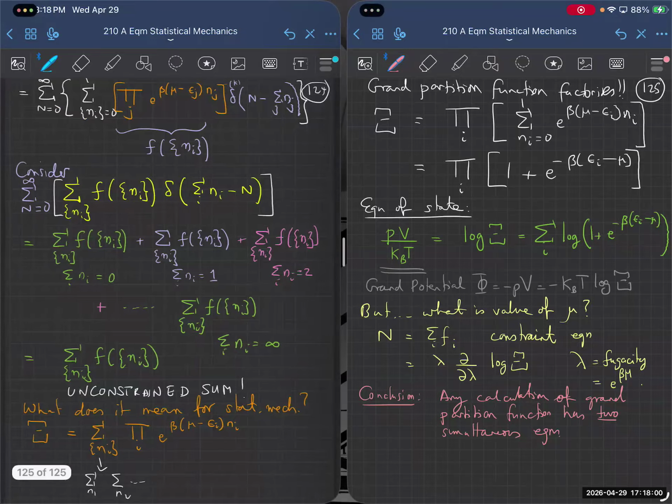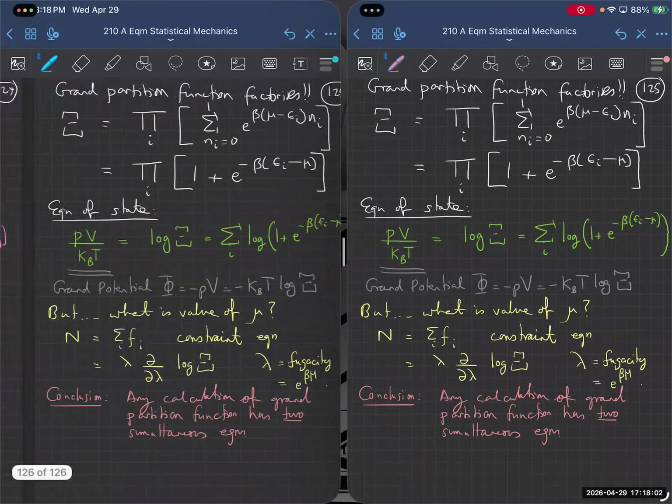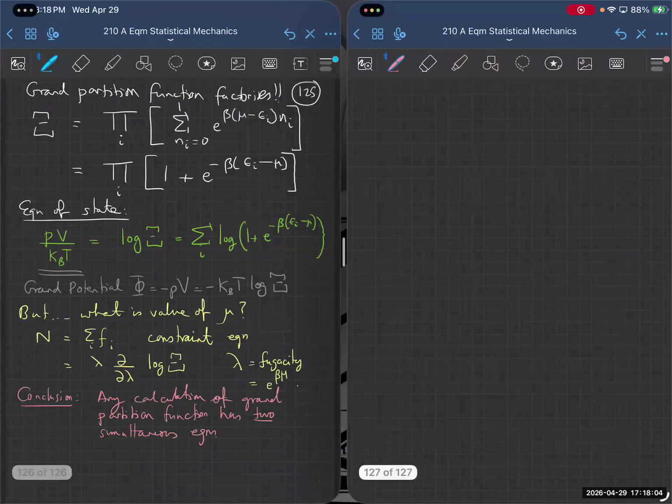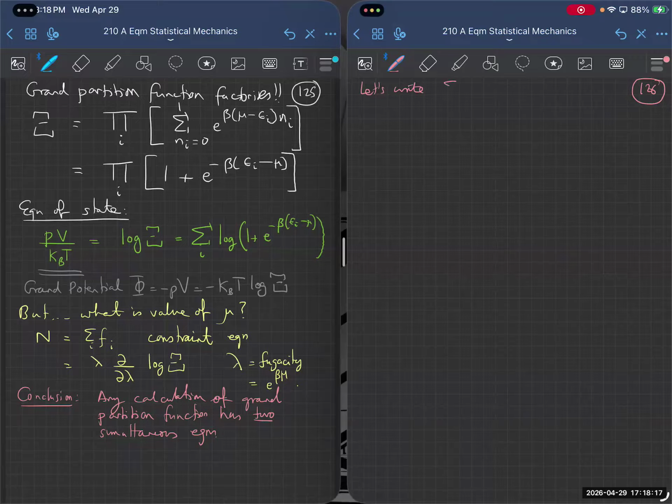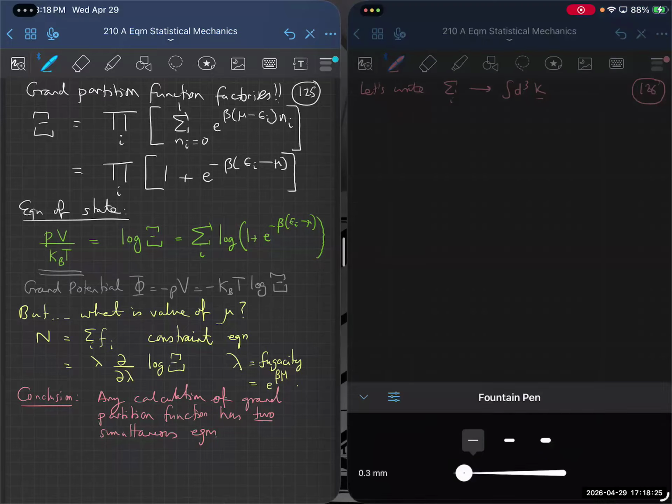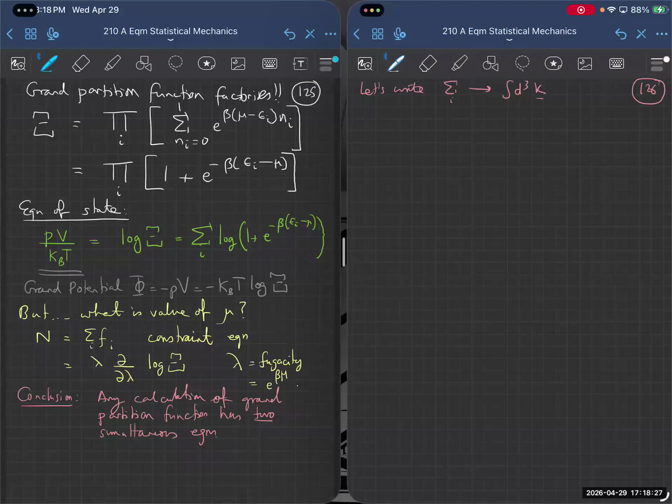Now I wrote them down for you here in terms of this abstract notion of just summing over states. So let me make it more precise. Let's write the sum over I as integrals over k. So let's just end by writing down what those formulae are.